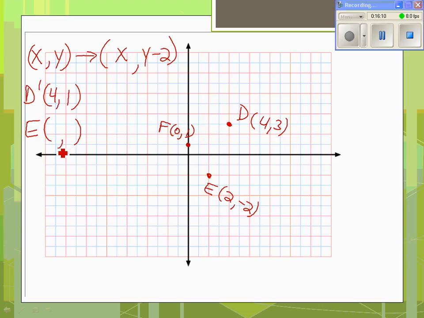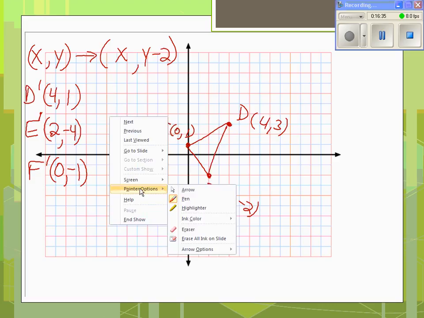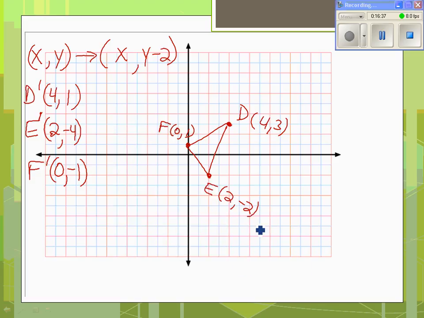Should have changed colors on this. (2, -4). F prime, (0, -1)? No, that's not right. Yeah, it is. Is it? Alright, yeah, down 2. Okay. I couldn't see my number. So this is our red shape. Let's change the color here. Make it blue again.